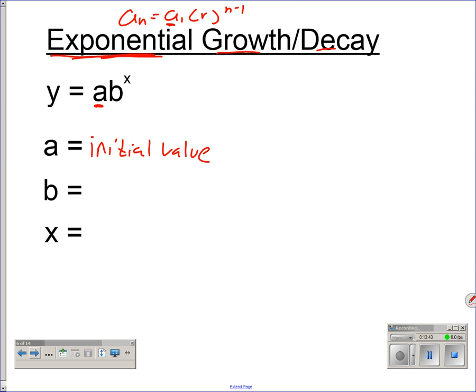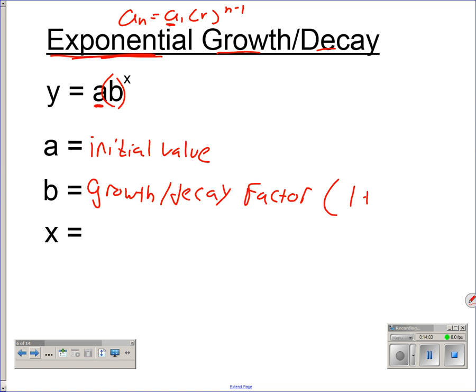Okay. Where a is still our initial value. B is not going to be our rate, but it's going to be our growth or decay factor. It depends on the problem whether it's growth or decay. And that's found using your rate. It's found by doing 1 plus or minus our rate. We just have to decide whether it's growth or decay.